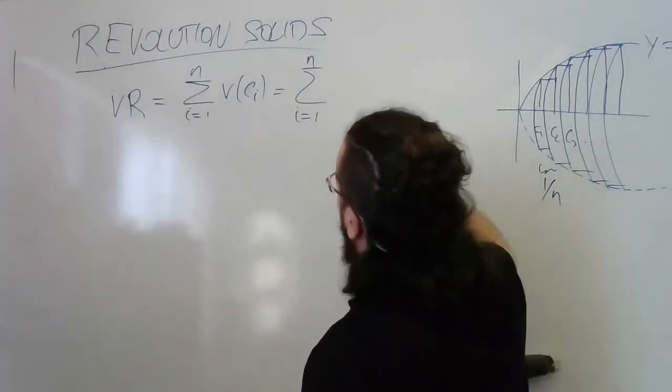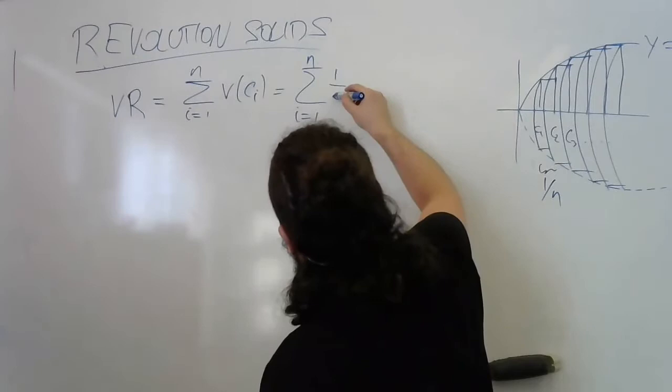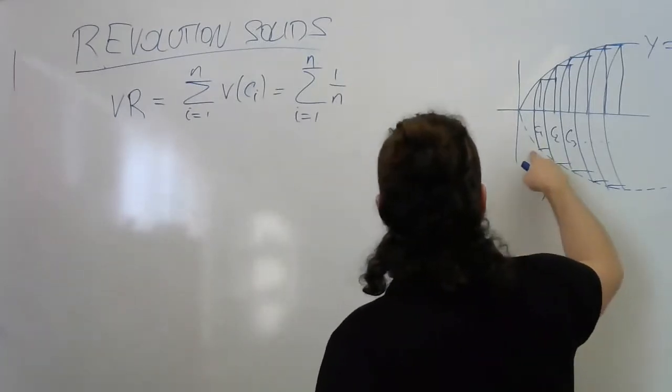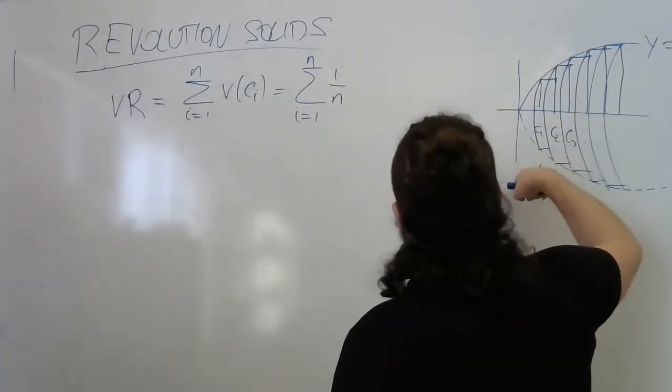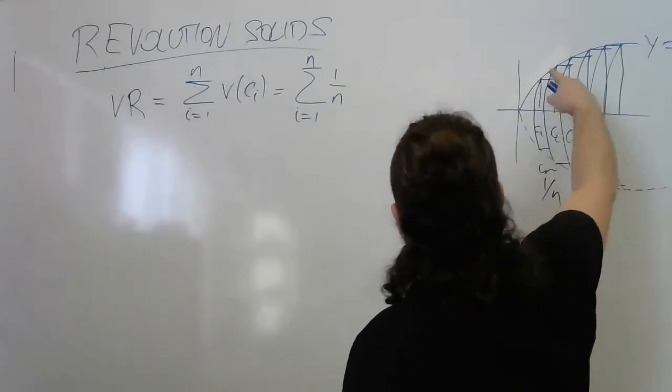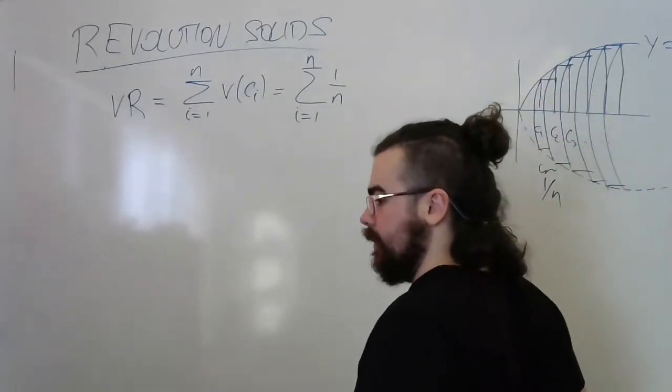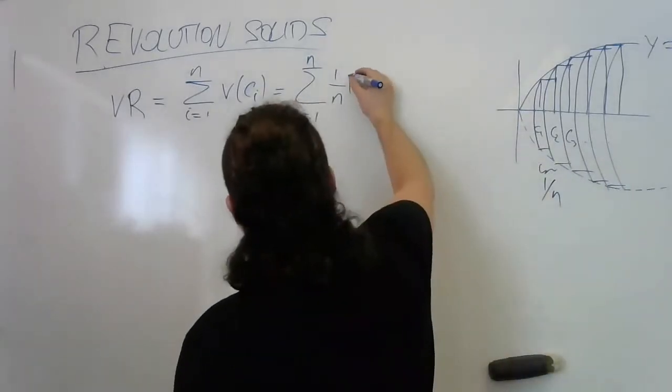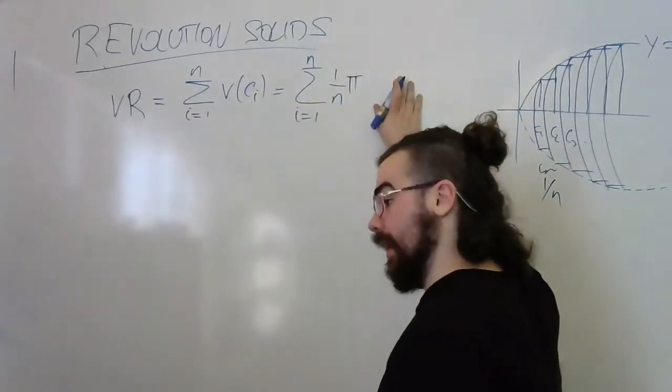Now the height is 1/n. The surface of the base is pi r squared, right?